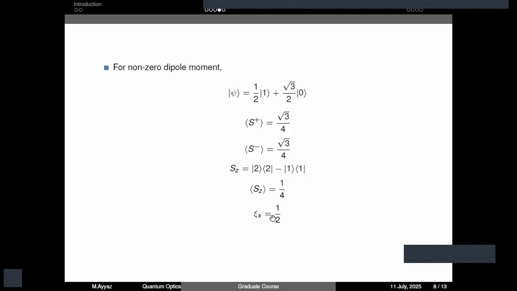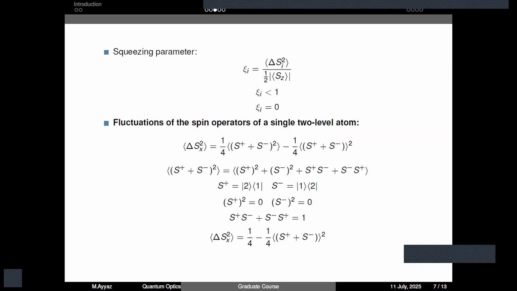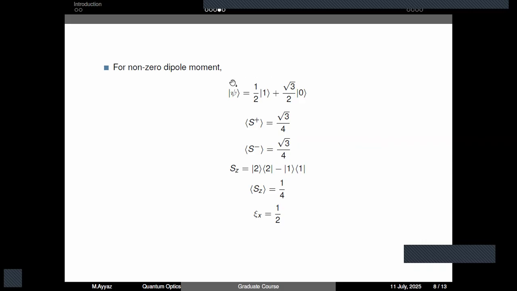So it is strictly less than 1. So we have squeezing in the fluctuation of the x component of spin. We have achieved this through the superposed state of ground and excited state in a two-level atom.